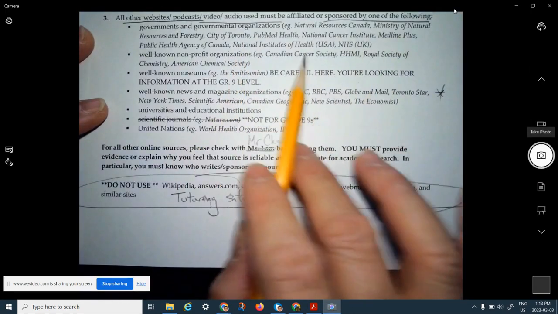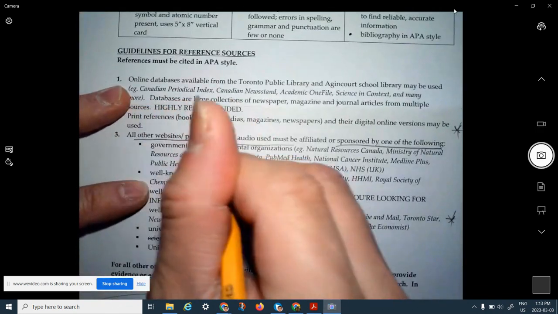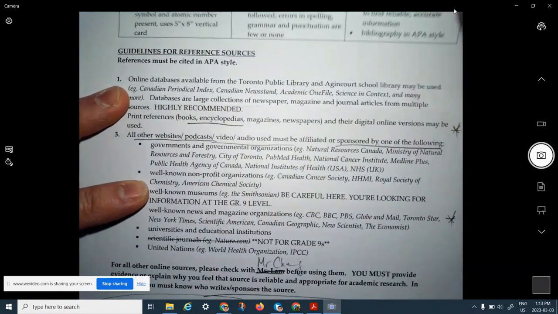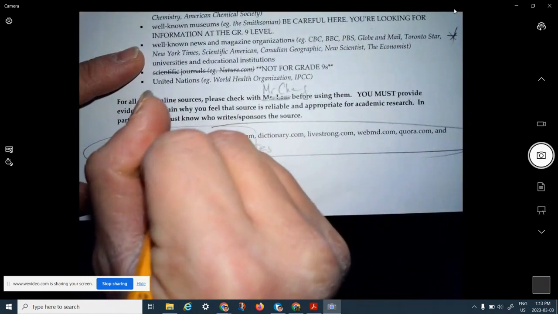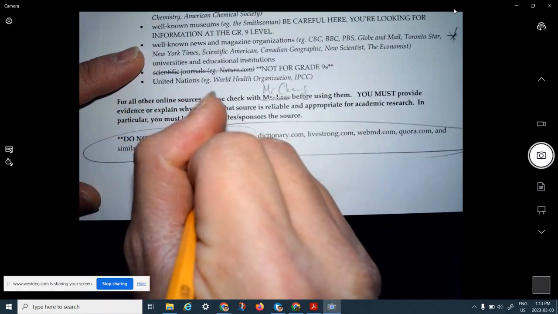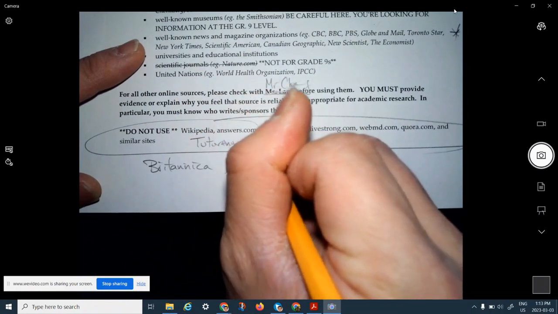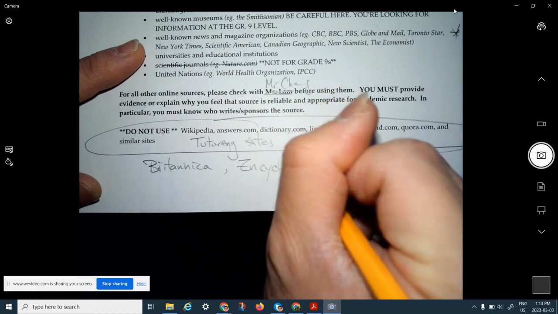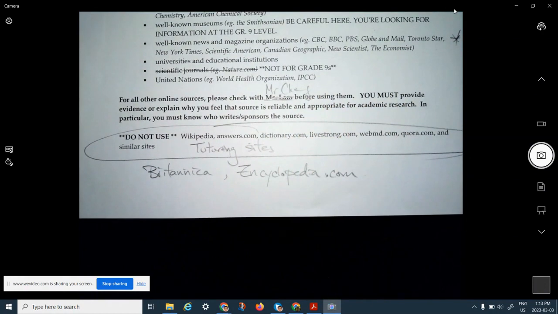I will also give two other places here. I don't think it's listed here. So here, books and encyclopedias. I would say Britannica. Certainly my spelling is a little off. Encyclopedia.com. That is also a good one.